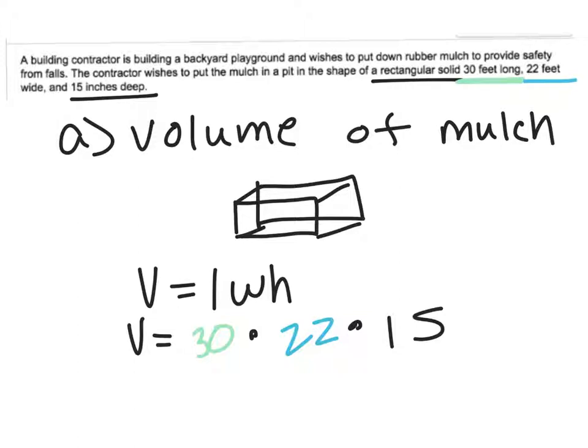Okay, so I'm going to stop right here because what I was getting ready to do was make a mistake, because I didn't notice at first that two of my units are given to me in feet, so 22 feet, 30 feet, but then the depth is given to me in inches.